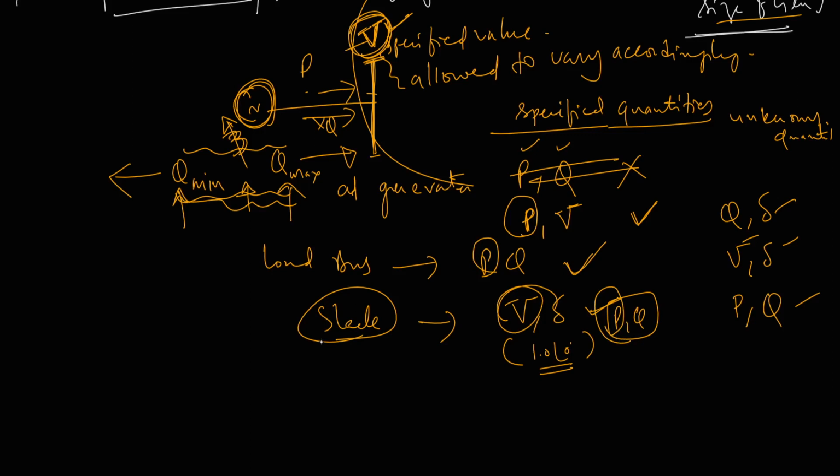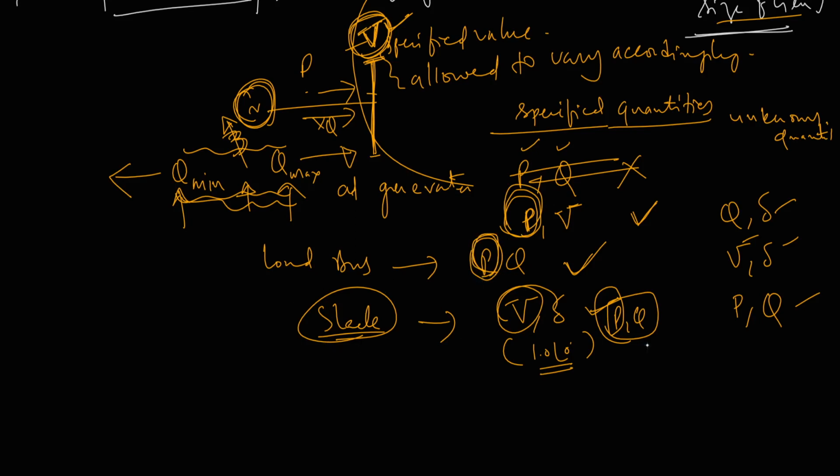Are you following? If at the slack bus, instead of V and delta, I specify P and Q, what is going to happen? If you notice, at all buses the active power is specified. At generator buses, P and V are specified, that means P is specified. At load buses P and Q are specified, that means P is specified.